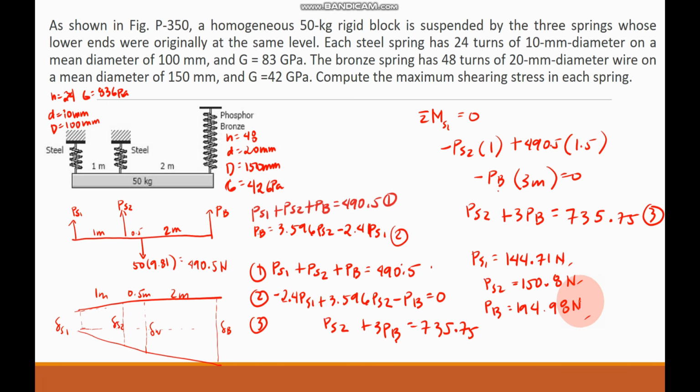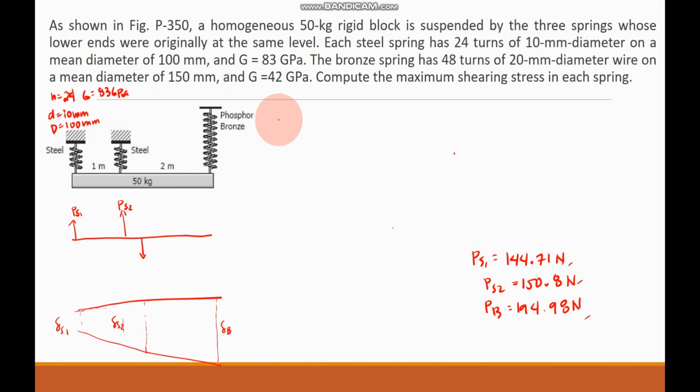And we are looking for the shearing stresses of each helical spring. So for the shearing stress ng ating spring 1, so it is equal to 16PR all over pi d cube multiplied by 1 plus d all over 4R.